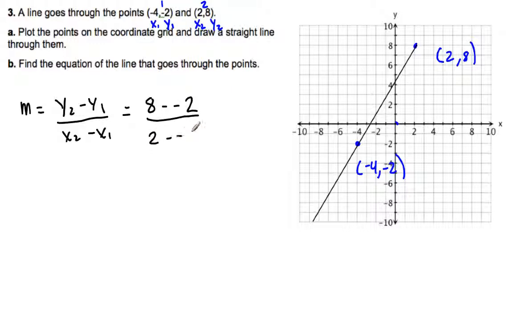We want to simplify this out. 8 minus negative 2 is going to be 10, and 2 minus negative 4 gives us positive 6. So 10/6, and we can reduce that to 5/3.